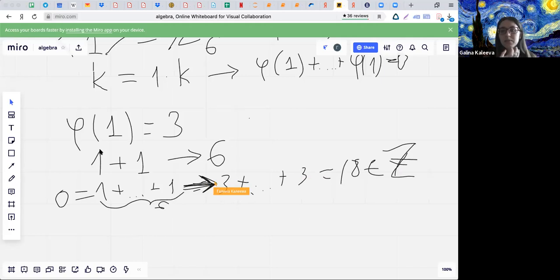From reminders modulo 6, I cannot map the elements to integers because some finite sums of elements in our group of reminders are equal to 0.